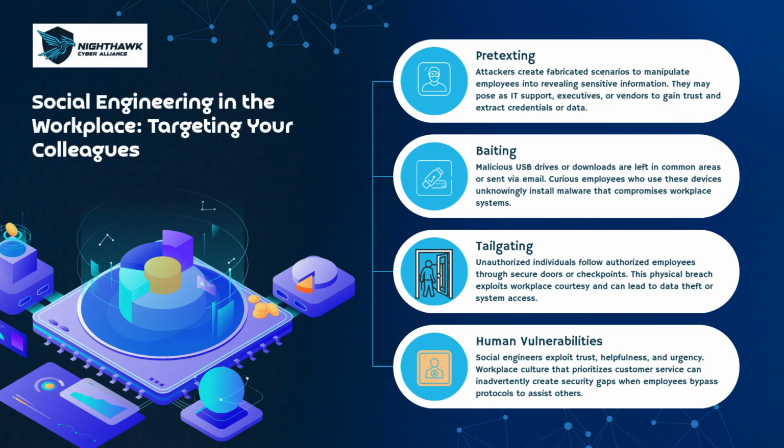Baiting uses malicious USB drives or downloads left in common areas to trick curious employees into unknowingly installing malware. Tailgating occurs when unauthorized individuals follow authorized employees through secure doors, exploiting workplace courtesy to gain physical access to restricted areas.